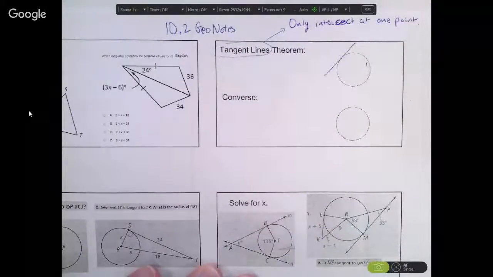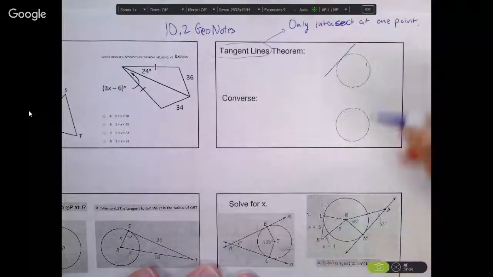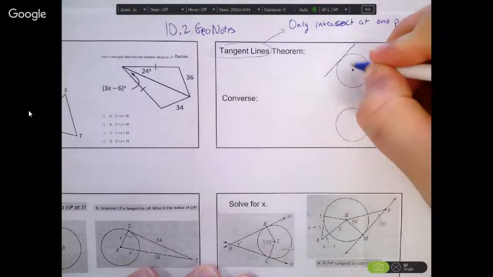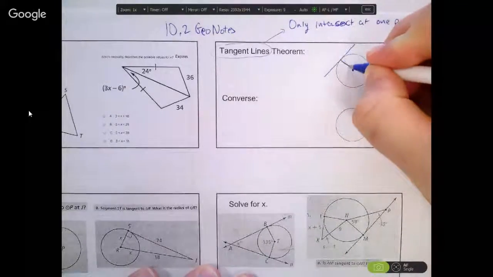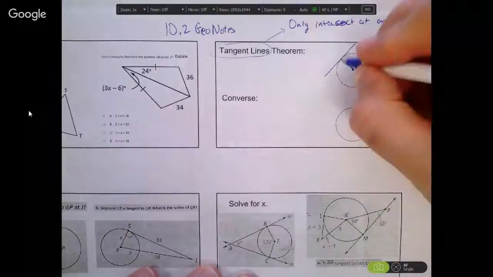Okay, so the theorem says that if you have a tangent line to a circle, then if I draw my radius to that one point it hits, what do you notice? What do you guess? 90 degrees. That this hits at 90 degrees.